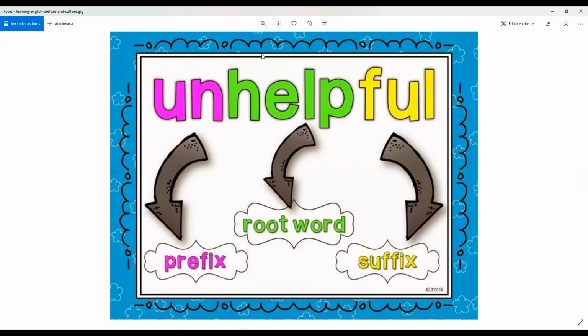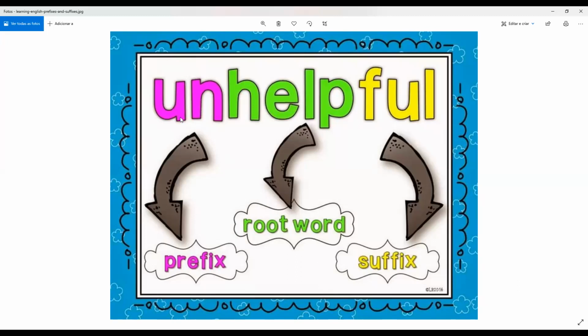Okay, guys. So here we have a very interesting word because this word has two extra addings to it. First, the root word is help, okay? We all know that. Good. But here they added two letters in the beginning, and we call these two letters a prefix.